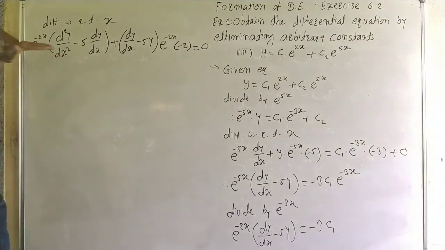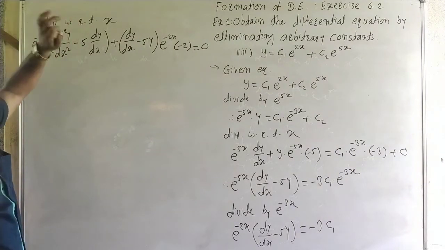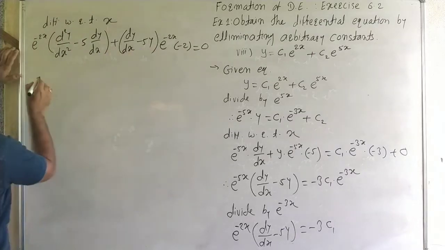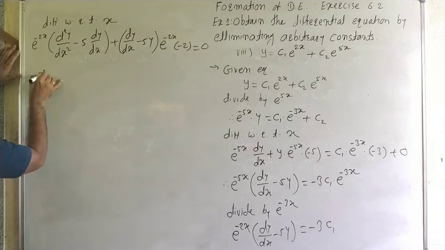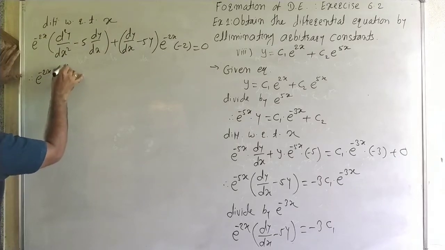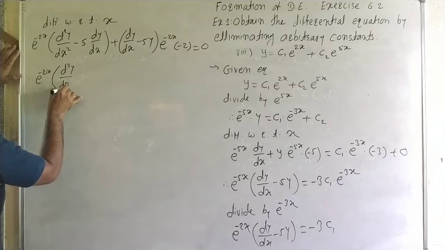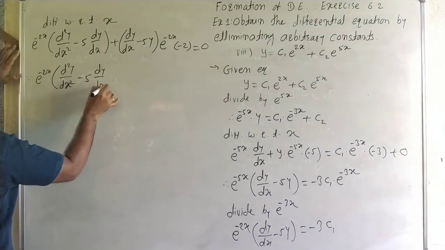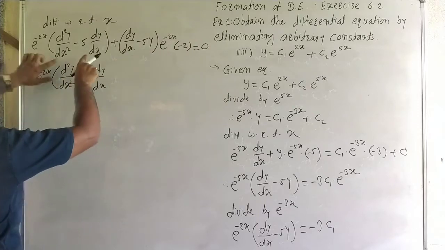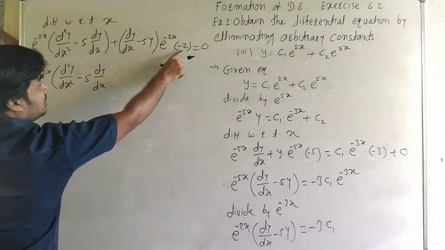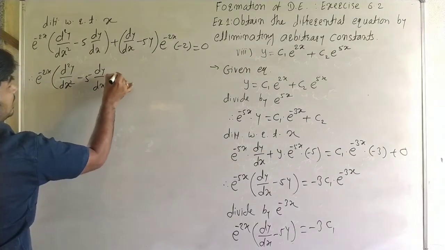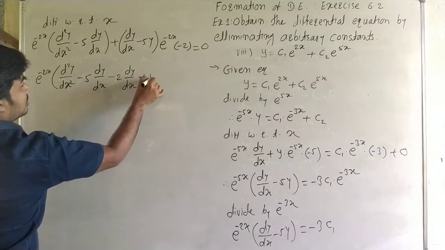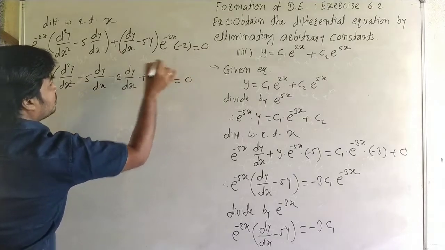Now, in this equation, the arbitrary constants are eliminated. Now we simplify this. First, e to the power minus 2x gets common. Remaining terms are d2y by dx2 minus 5 dy by dx, and here it is minus 2 dy by dx plus 10y is equal to 0.